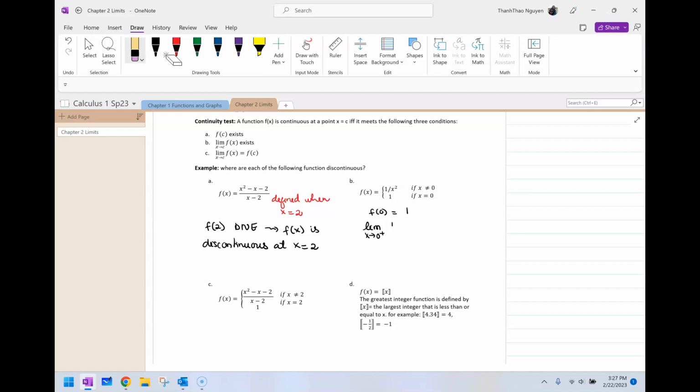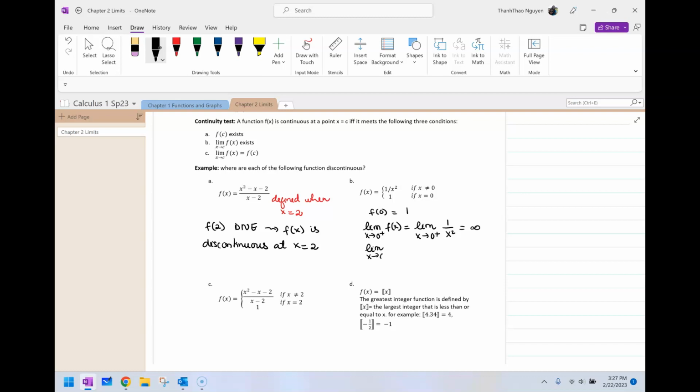We are looking at the limit as x approaches 0 from the right of 1 over x squared. Well, here we divide by a really small number, right? As x approaches 0 from the right, we square that number and get an even smaller number. So as x approaches 0 from the right, the limit is positive infinity.